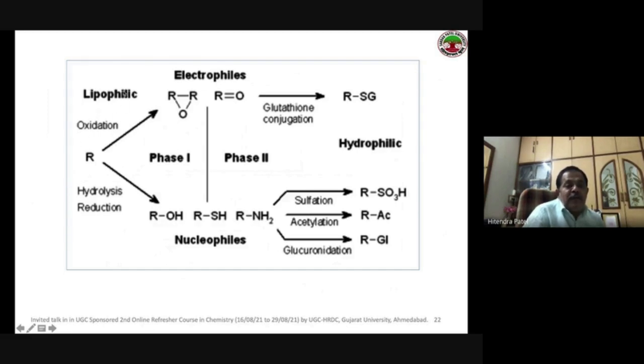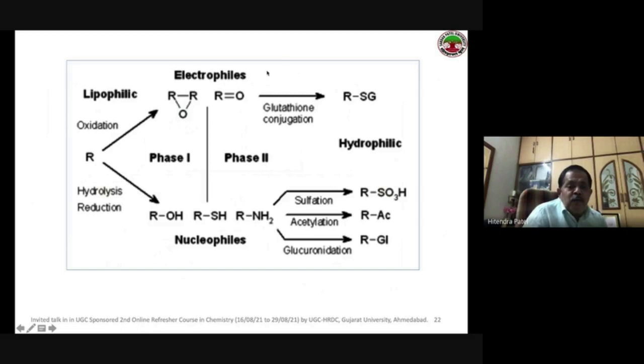With the lipophilic nature of a drug molecule, oxidation takes place, and it may convert into the ether form, or the drug molecule may have the keto form, and then glucuronide conjugation also takes place, and after that drug excretion takes place with these kinds of fragments, right? Drug and these groups.